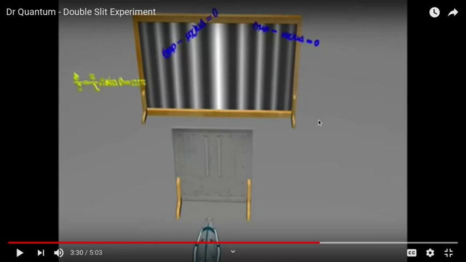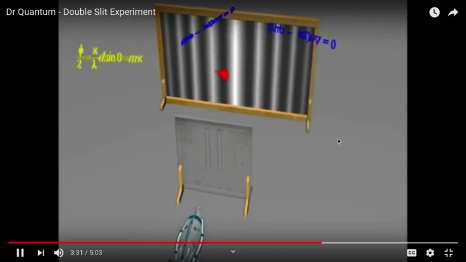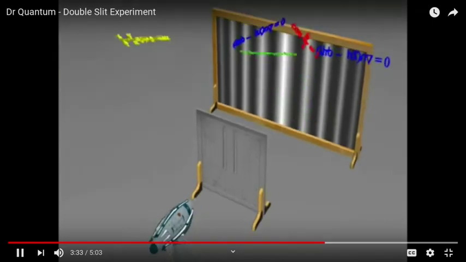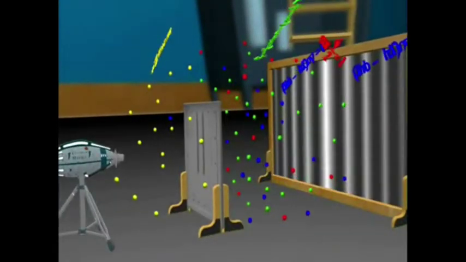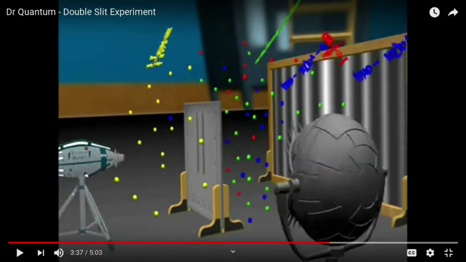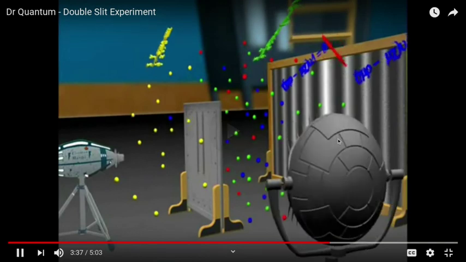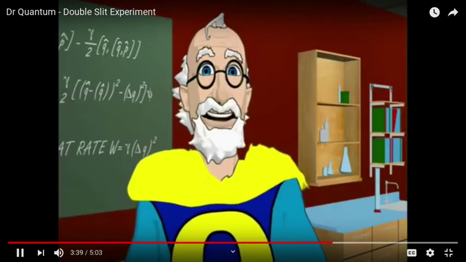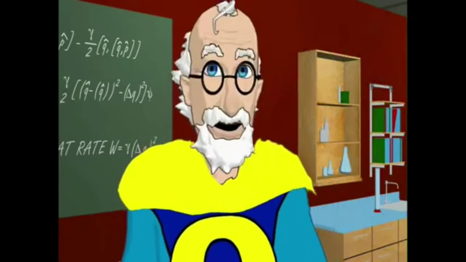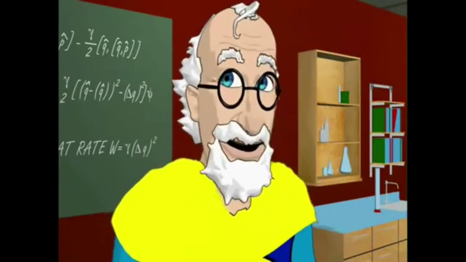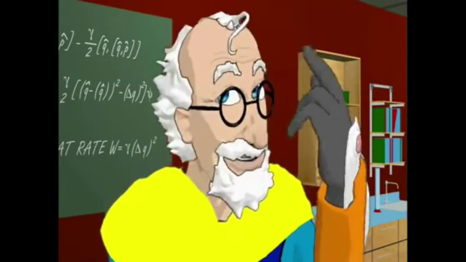Man, I mean, I'm just surfing the wave. And it goes through just one, and it goes through just the other. All of these possibilities are in superposition. It's all happening with each other. But physicists were completely baffled by this. So they decided to peek and see which slit it actually goes through.